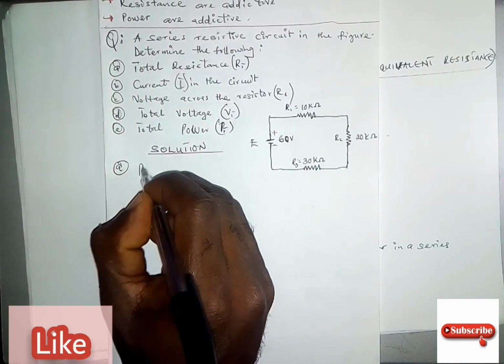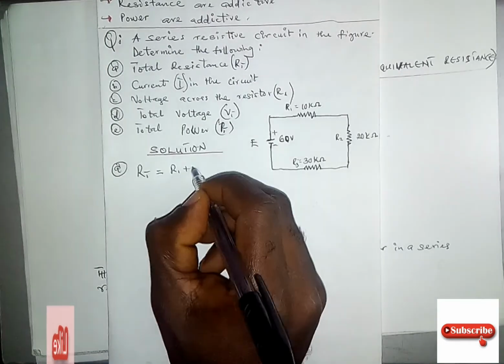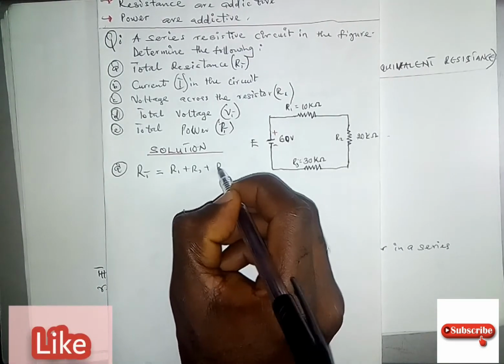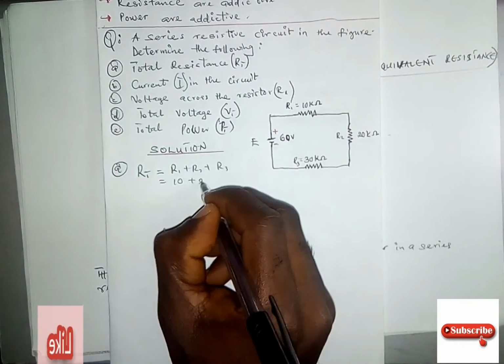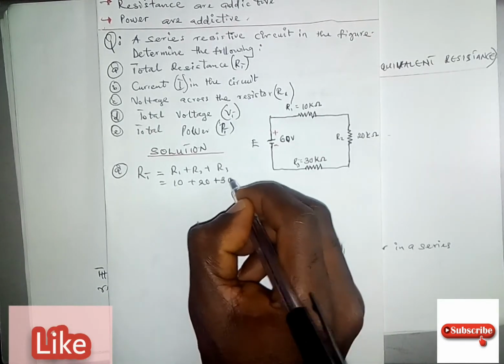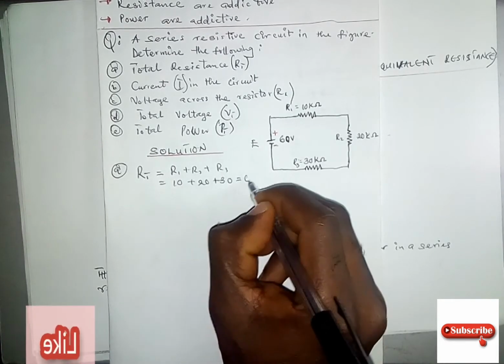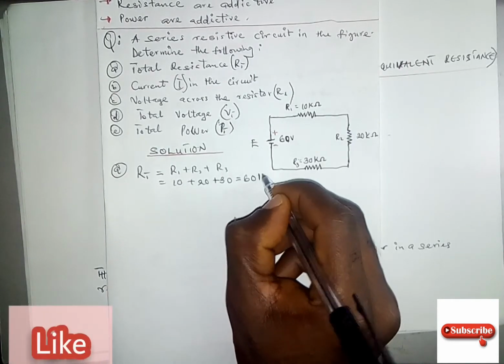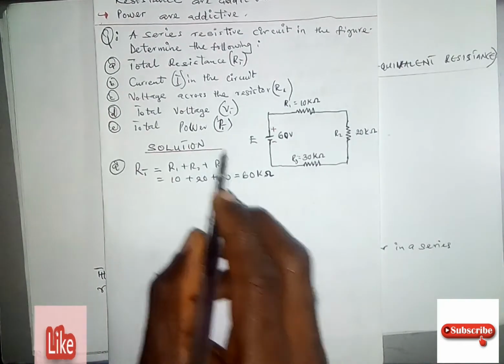So our RT is definitely going to be R1 plus R2 plus R3, as simple as that. By the time we substitute, we have 10 plus 20 plus 30, so everything altogether is going to be 60 kilo ohms. I think everything is in kilo ohms.